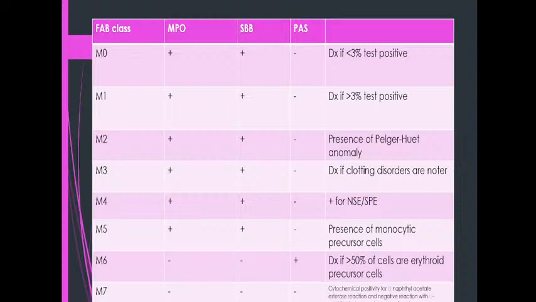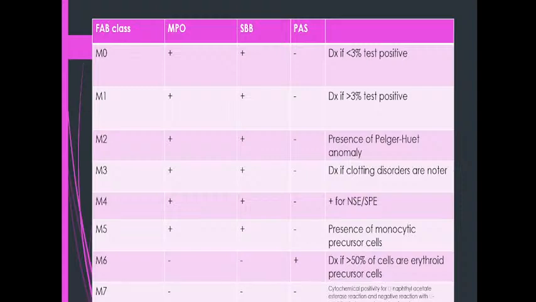Alright, now, for M3, a diagnosis is reached if there is clotting disorder. Alright? Test positive for myeloperoxidase, Sudan Black B, and then there is a clotting disorder. Okay? Now, M4 is reached if it's positive for MPO, SBB, and it's positive for both non-specific esterase and specific esterase.